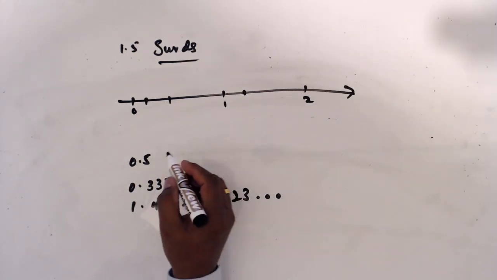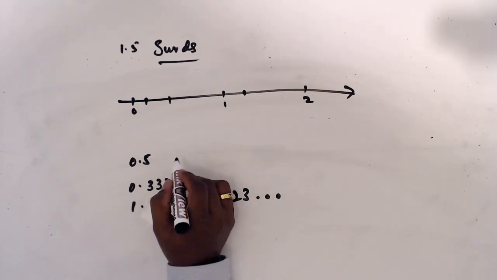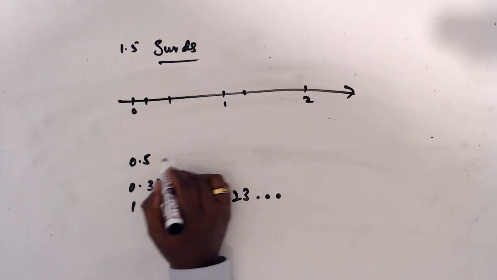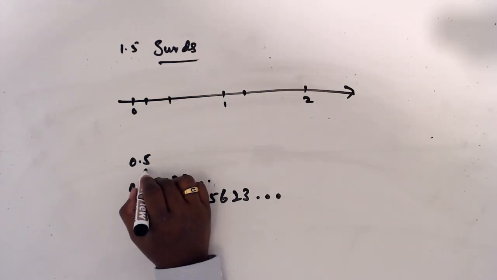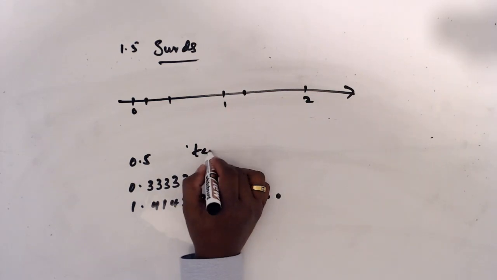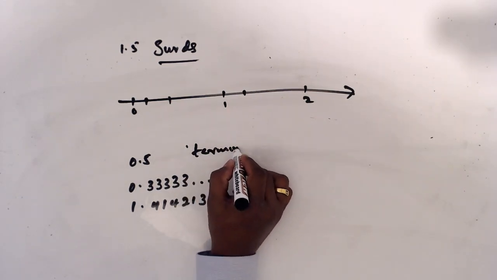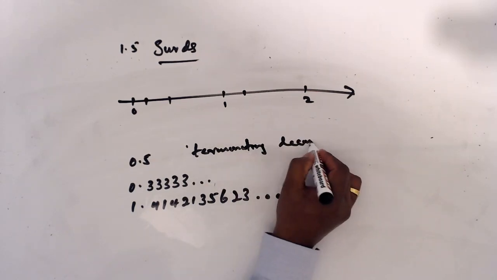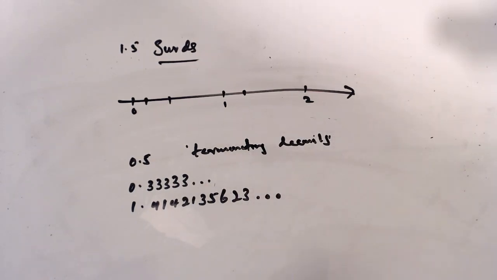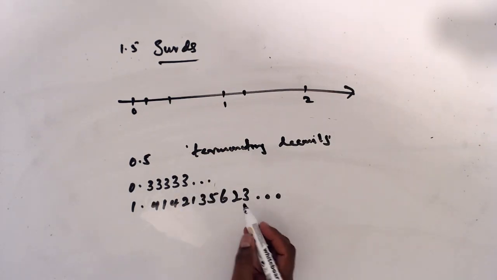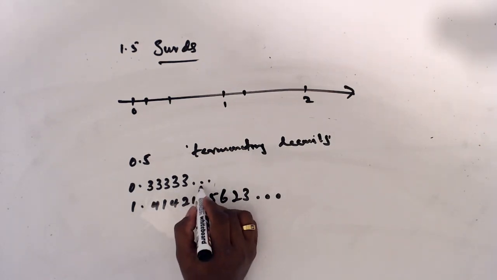When you look at this number, we call it a number with just one decimal place. As a result, we call this one terminating decimals. When you look at the second number, you can see I put three dots.